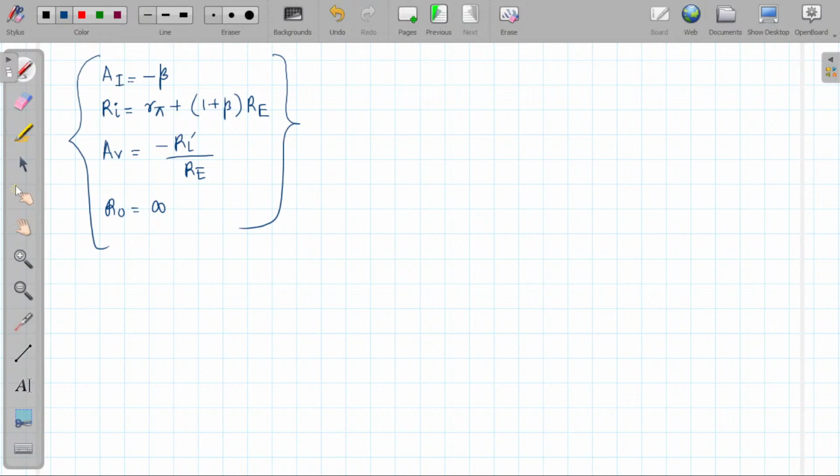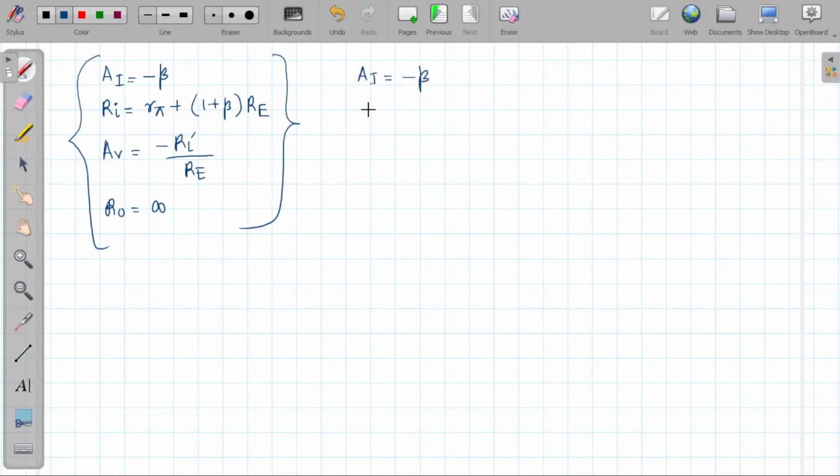And if you remember the values of these parameters in the case of without emitter resistance, what was the value? Without emitter resistance, the current gain was minus beta.